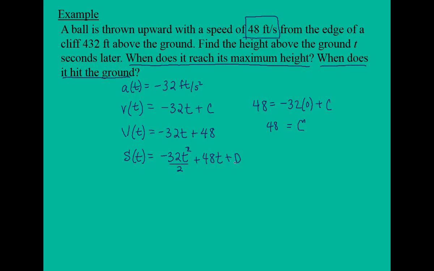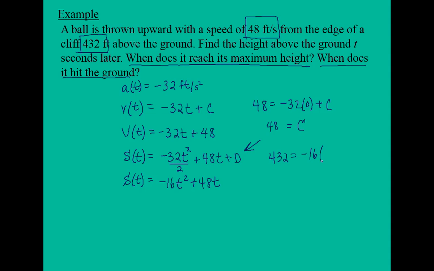Using the initial condition that the cliff is 432 feet above the ground, at time 0, we haven't thrown the ball yet, so at time 0, our height would be 432 feet. And I could have cleaned this up a little bit. Let's do that before we find d. So we have this, and now we're going to solve for d. Using this equation, I'm plugging in 432 for its height at time 0.